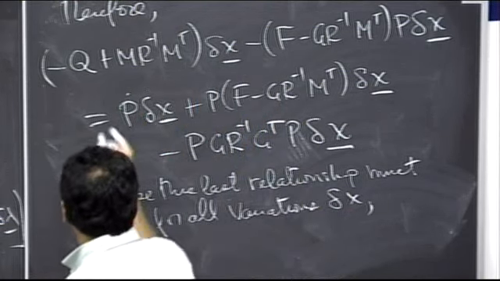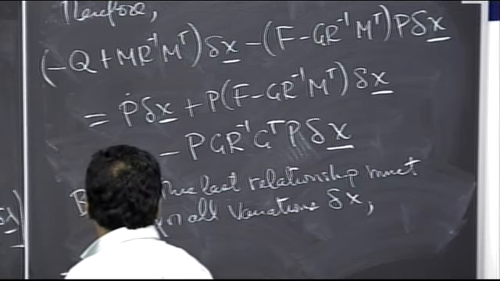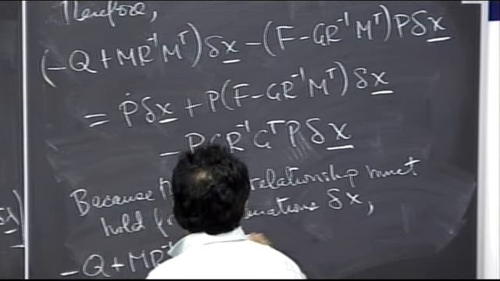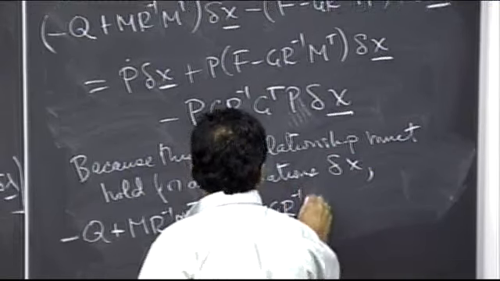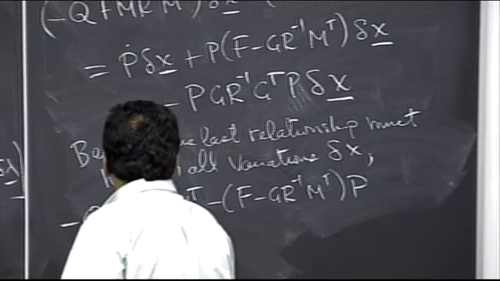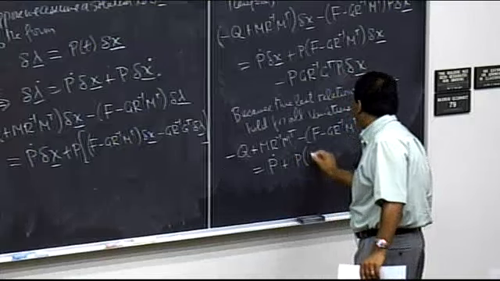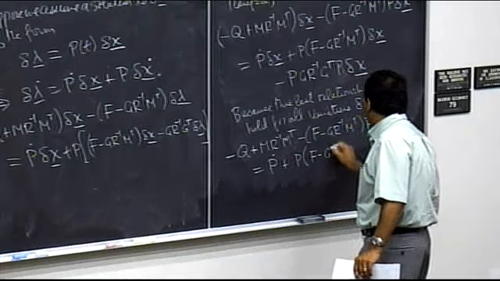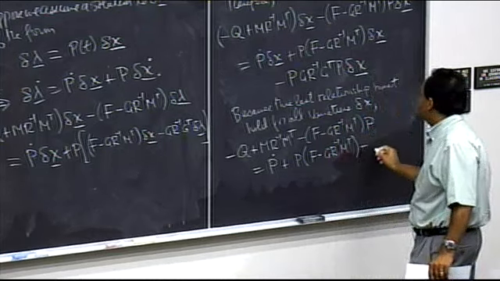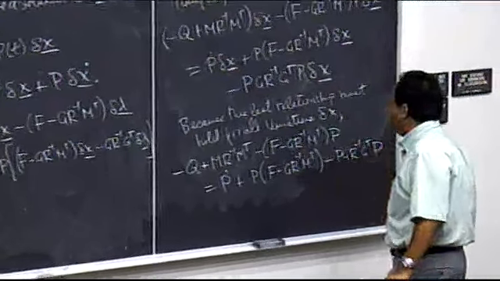So it must be the case that minus q plus m r inverse m transpose minus f minus g r inverse m transpose times p has to equal p dot plus p times f minus g r inverse m transpose, and then minus p g r inverse g transpose p.